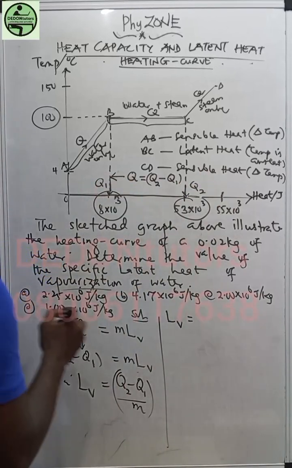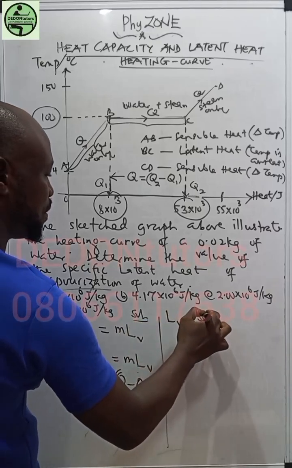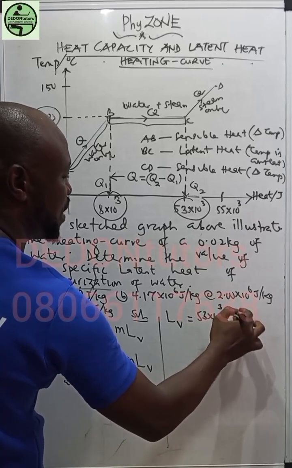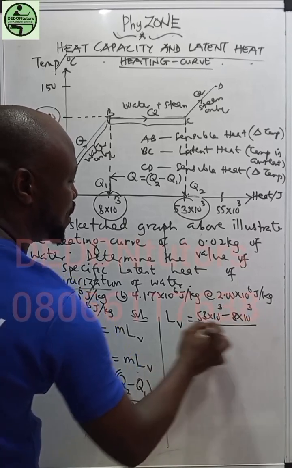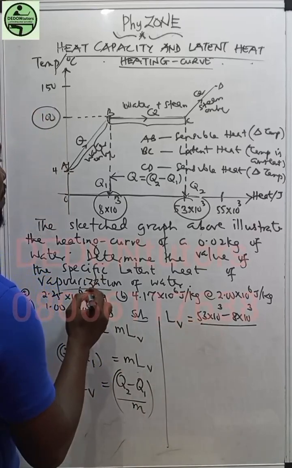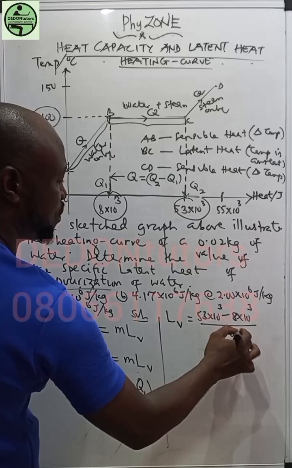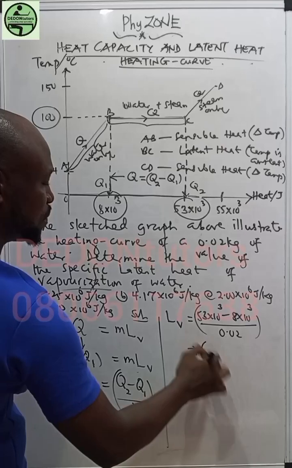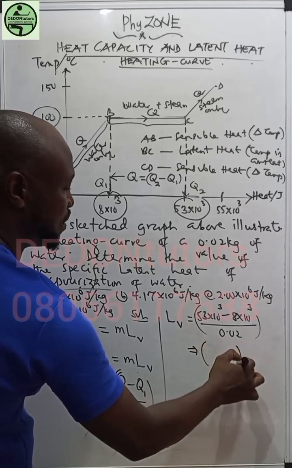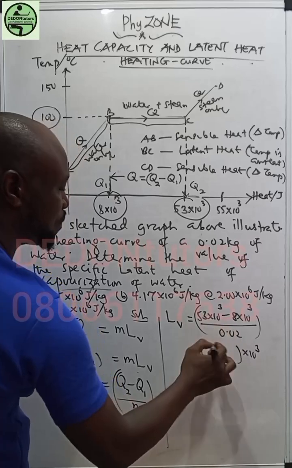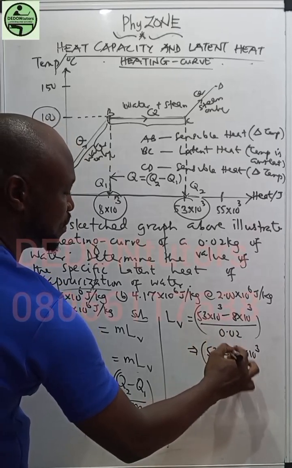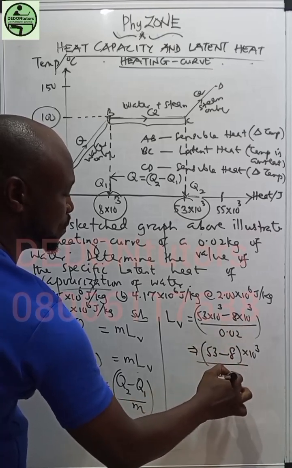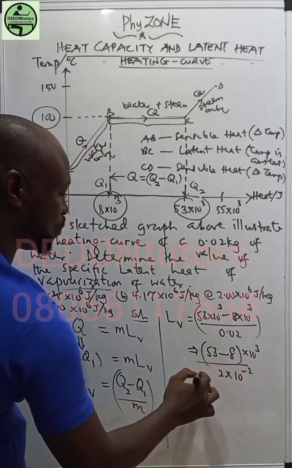Our Q2 here is 53 times 10 to the power 3. Our Q1 is 8 times 10 to the power 3. Then the mass of this substance, which is water, is 0.02, as easy as ABC. What is common? We have 10 to the power 3, you factorize out: 53 minus 8, then divided by 0.02, which in standard form is 2 times 10 to the power minus 2.